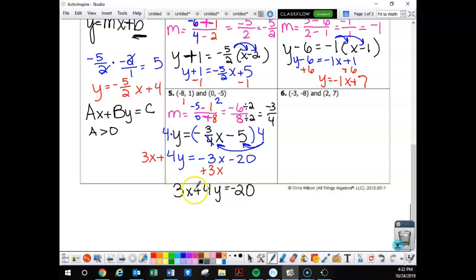So x and y are now on the same side. This is a standard form equation. Okay, try this on number 6. And again, you only have to do this whenever there's a fraction on here. I believe this one's not going to have a fraction. So try 6 first to get it to where x and y are on the same side and the coefficient of x is positive. Okay, try that one real quick.